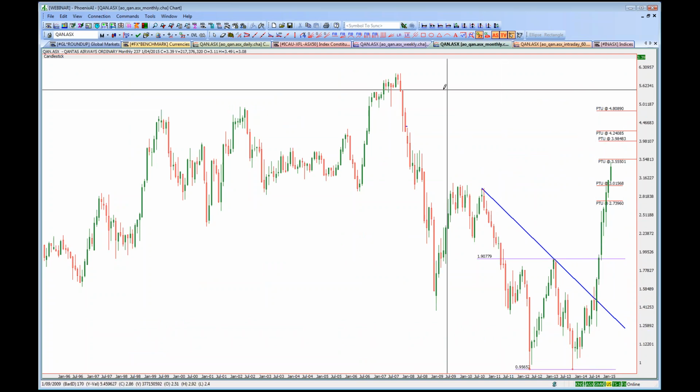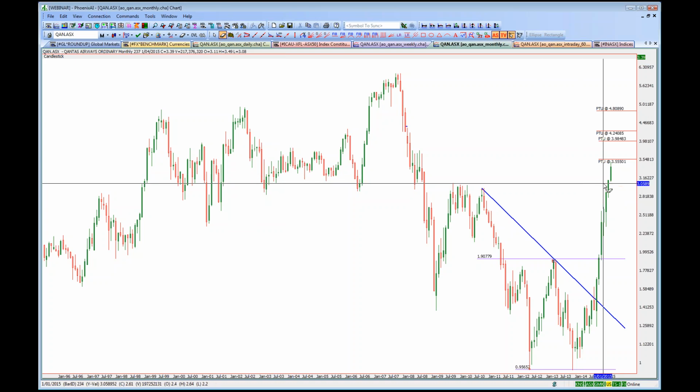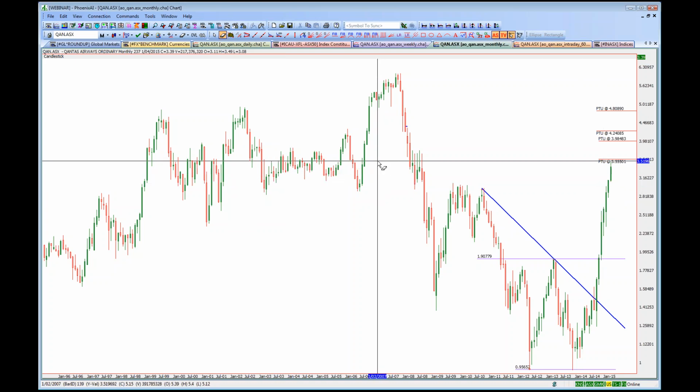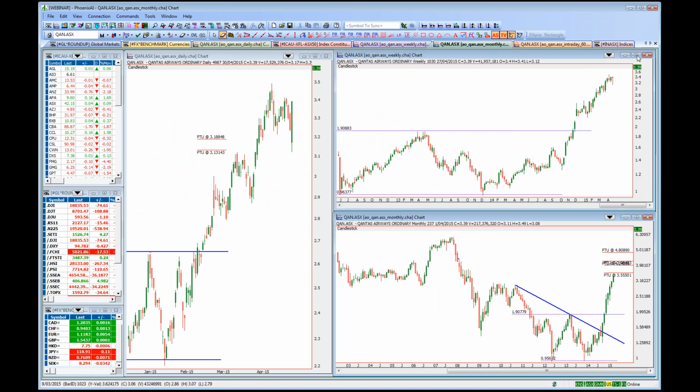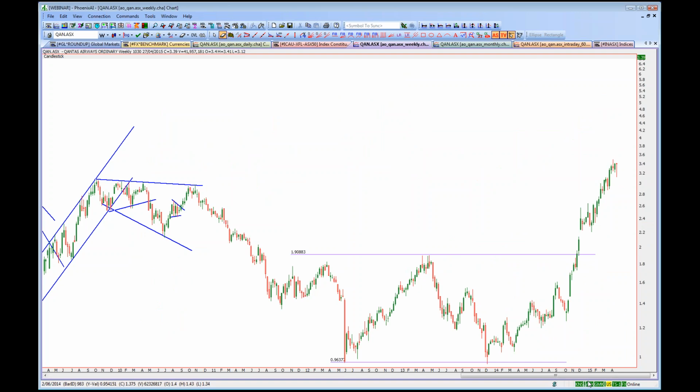Then its second targets are from there. So that hit its first target. Really, the monthly doesn't give us any more than that other than these targets. Go to a weekly. Major consolidation. Really, weekly doesn't even give us any more than that.